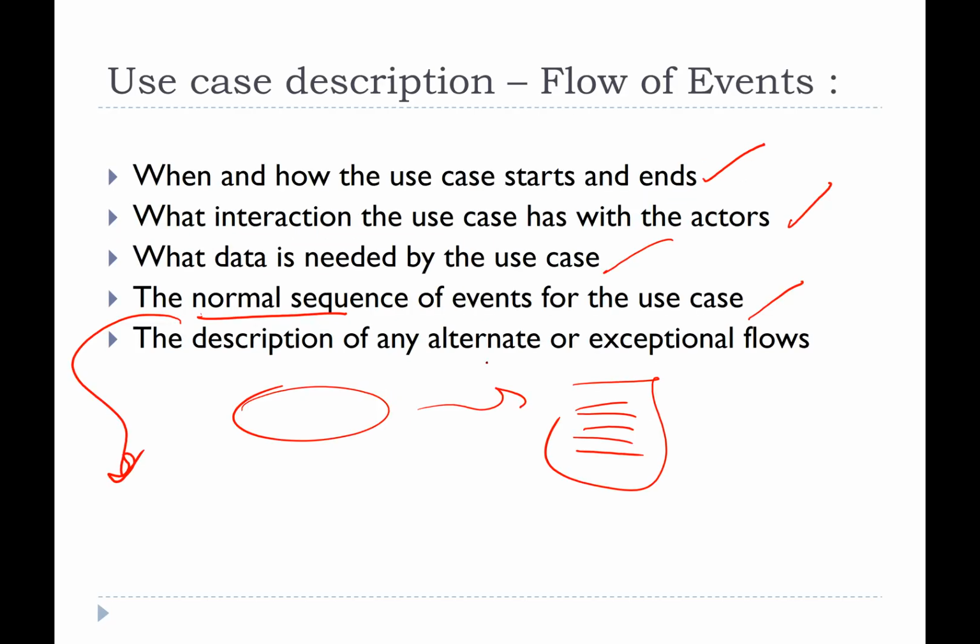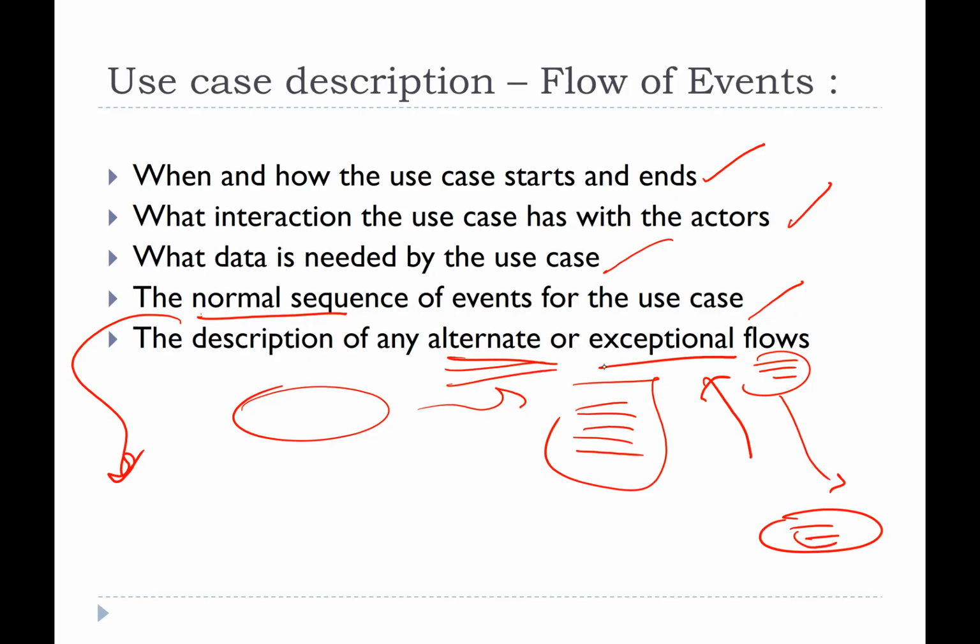And then we describe any alternative or exceptional flows. Exceptional is when I have something that is really, really off, but if it's really exceptional, then maybe I should take that description and move it out into an extension use case. Or if it's a slight deviation, I can keep it. It's a judgment call. It's not math. You have to be the one that decides.